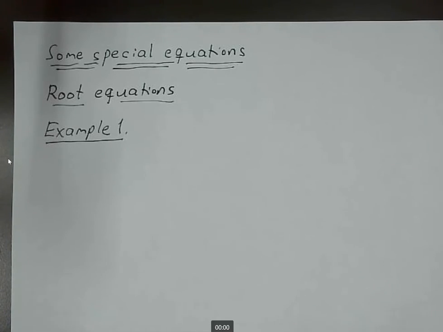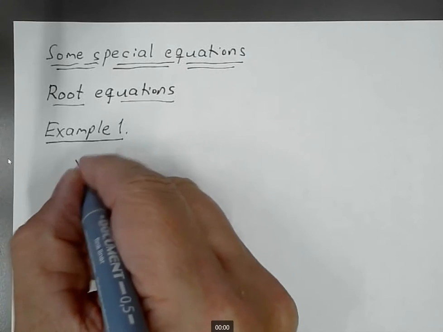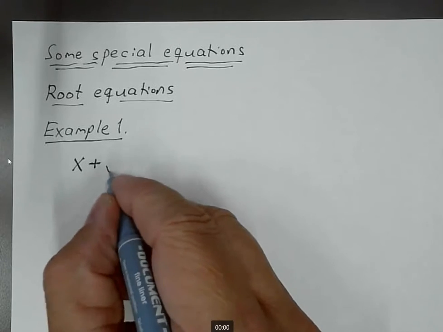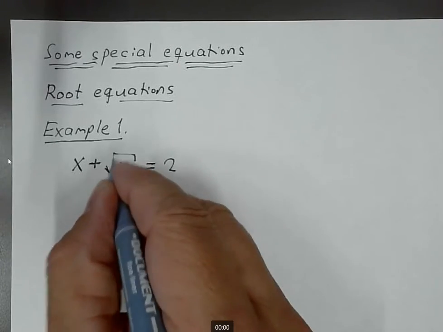Example 1. Let's take this kind of example. x, nothing special yet, but then I take square root of x equals 2.